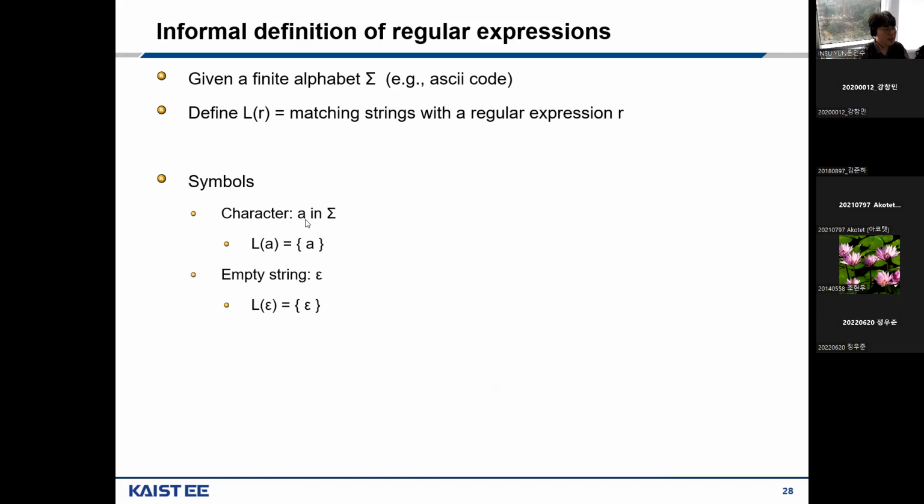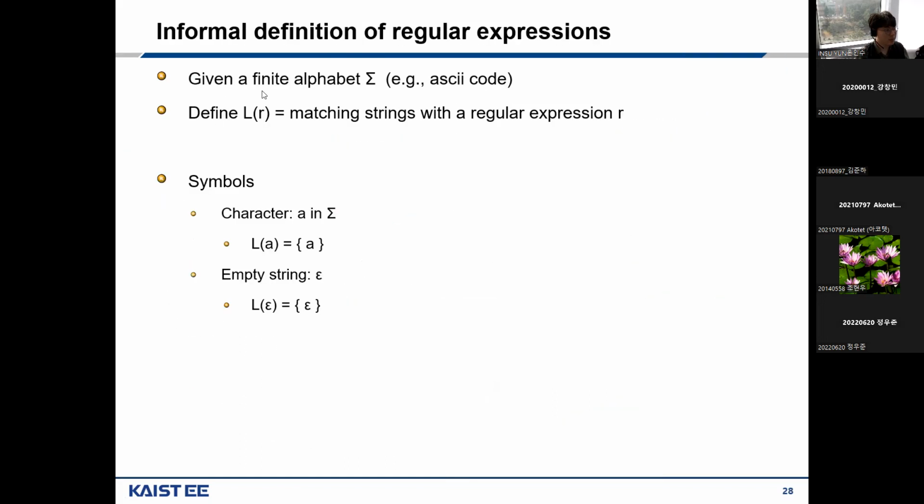A character means some element of this alphabet set. For example, a could be a character, and a is a regular expression. Then L(a), the matching string, would be just the set containing a. And there is a special symbol called the empty string, which we represent as epsilon. For L(epsilon), the only thing that can be matched is epsilon, so only the empty string can be matched.